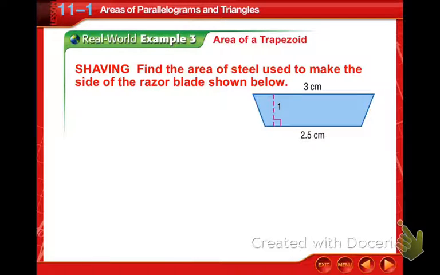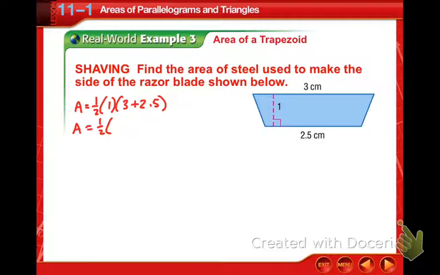So we're just going to use the formula straight up. Everything's given to us, the height and the 2 bases. So 1/2, the height's 1, and 1 base is 3, 1 base is 2.5. So 3 plus 2.5, and we can get rid of that 1, because multiplying by 1 isn't going to do anything.